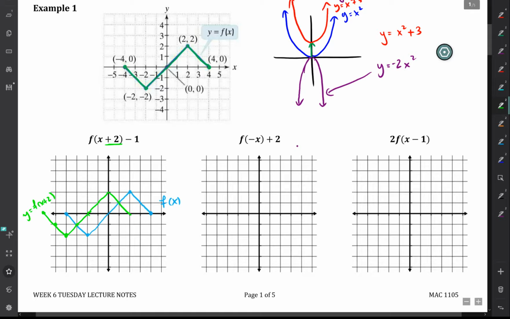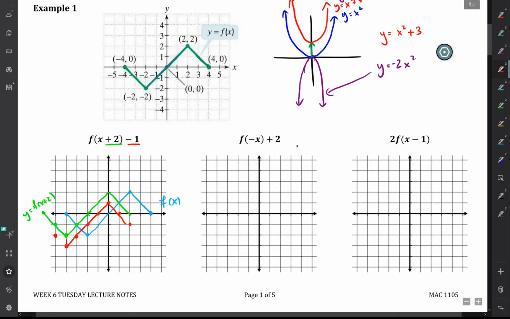And now finally what I need to do is subtract 1, and that means we need to subtract 1 from the green graph. So we're going to move everything down 1 unit. I'm going to move this down, that down, that down, that down. They all move down 1 unit. Okay, so the graph should look something like this.